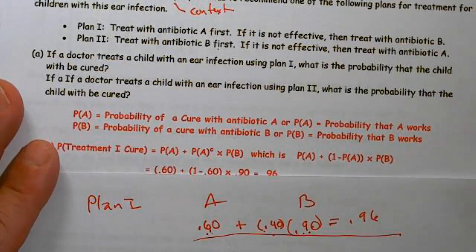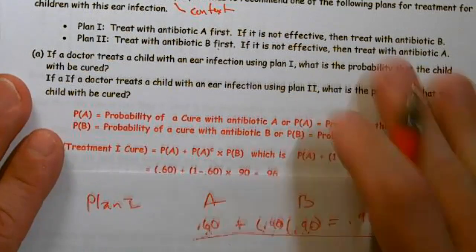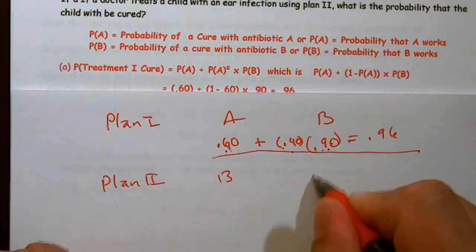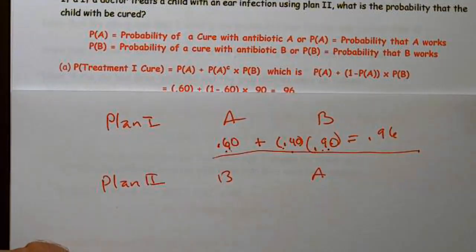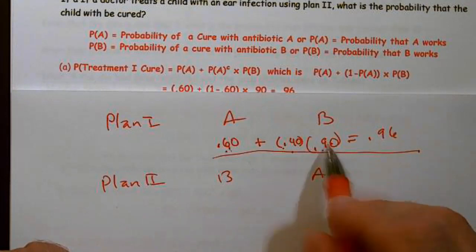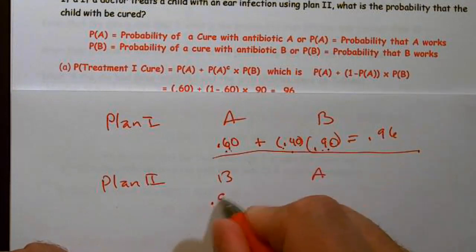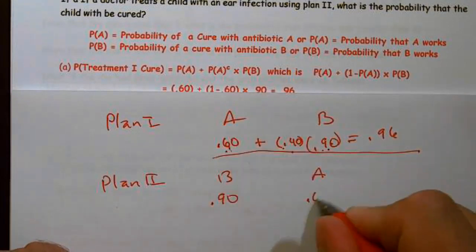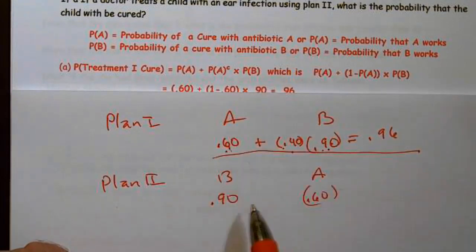Then we have Plan 2. Well, Plan 2 is just the reverse. Instead of starting with A, we're going to start with B, and then we'll go to A if necessary. How often does drug B work? 90% of the time. And drug A works 60% of the time. Once again, I can't just add those two probabilities because I'm greater than 1.